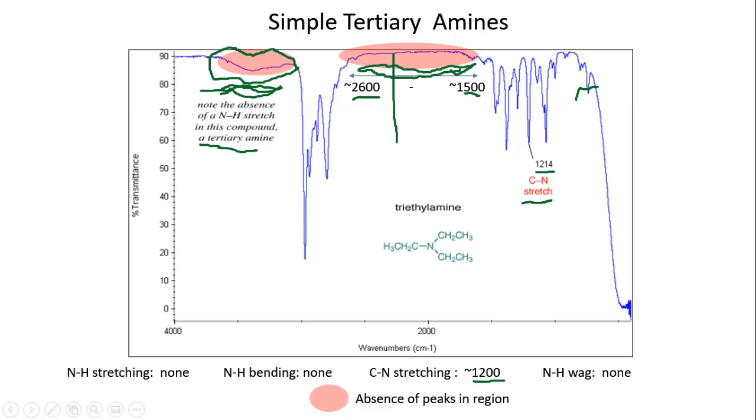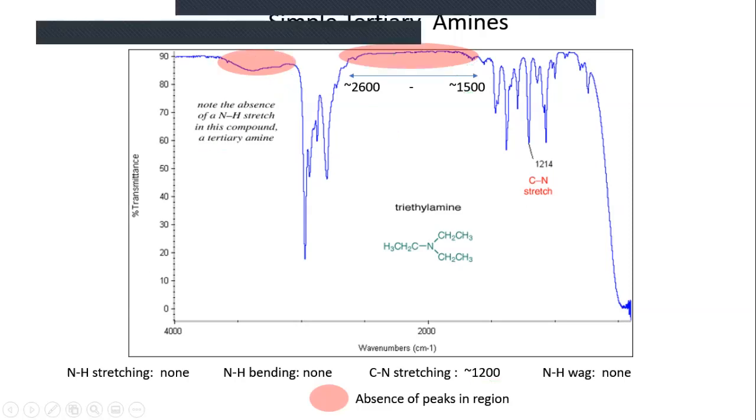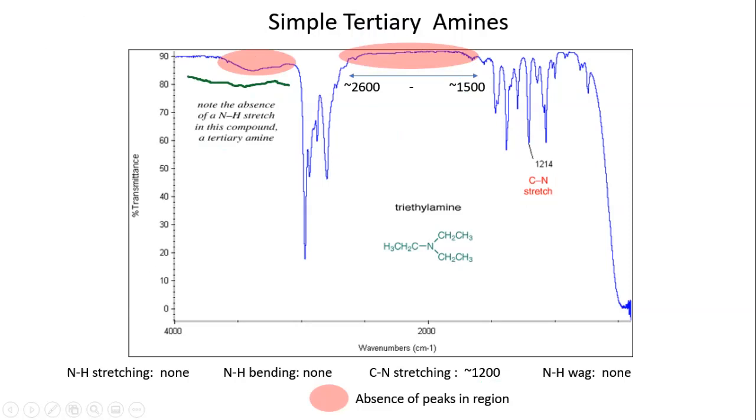So let's go over that again. What we're looking for in a tertiary amine: no peak in this region. No peak between 2600 and 1500 for a tertiary amine, just like all the other amines. There should only be a major peak around 1200, the CN stretching.